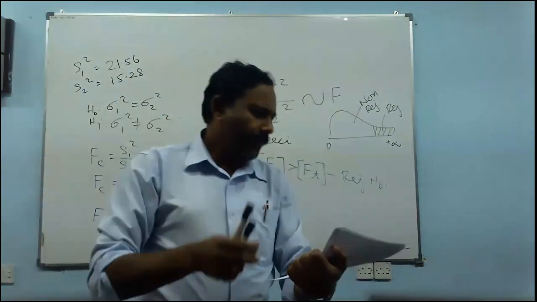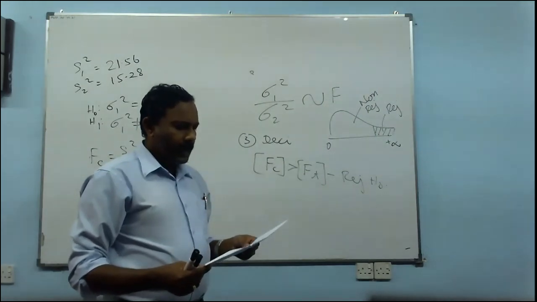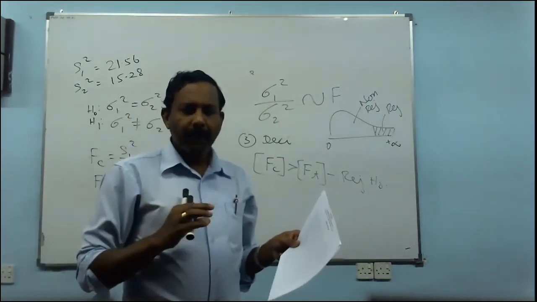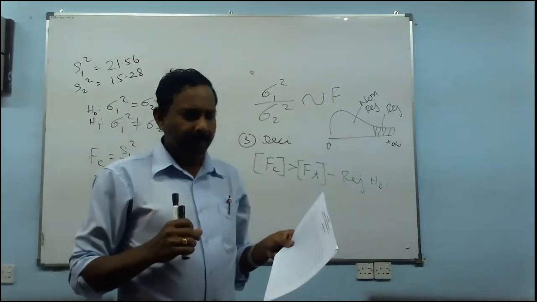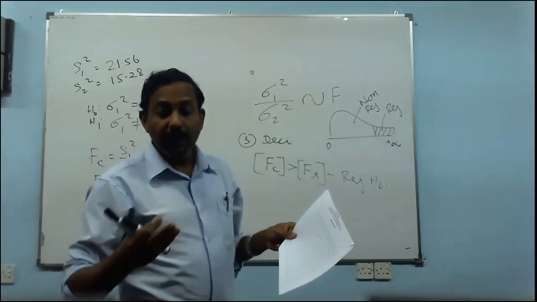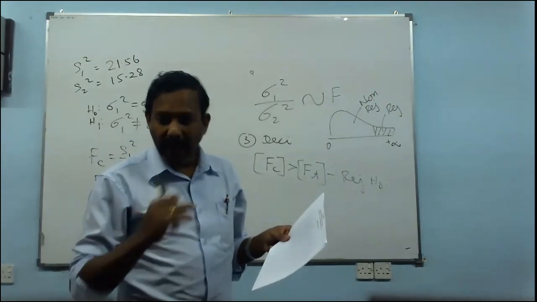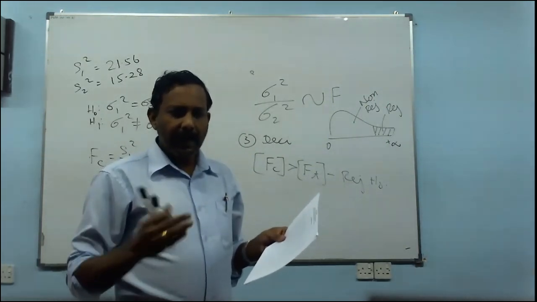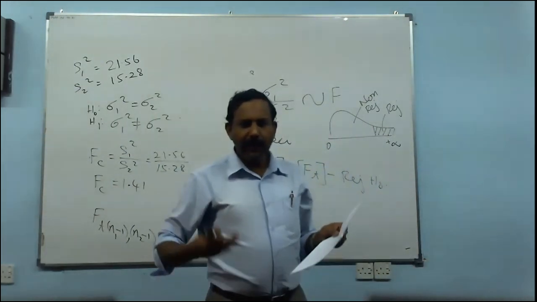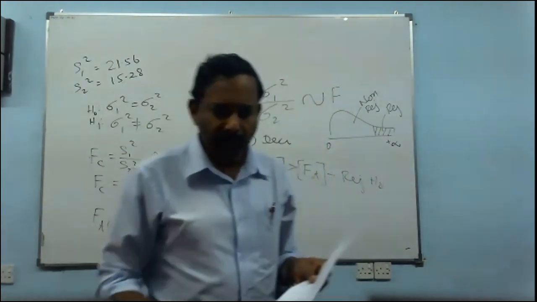It says the F table. In the F table, it has given two entries for a given degrees of freedom. The first entry is for alpha 0.05, the second entry for alpha 0.01. So here we assume our alpha is 0.05. Even if your alpha is not given, you can assume your alpha as 0.05.